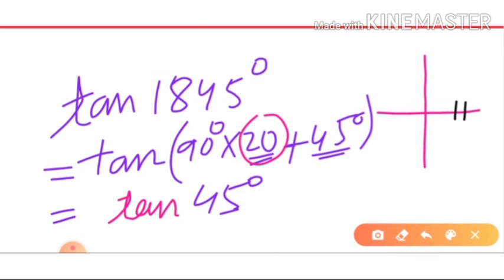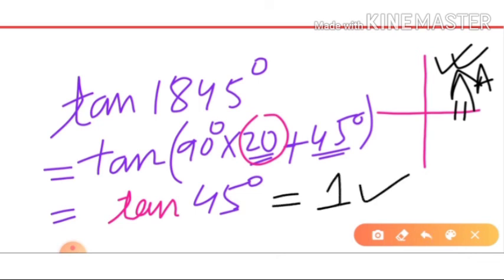Then we have plus 45. If it is plus 45, we have to go here, so it will fall on this quadrant. That means ASTC means all positive, so here tan will be positive, so plus tan 45 degree, and we will not write positive, so tan 45 we know it is 1, so the answer will be this one.